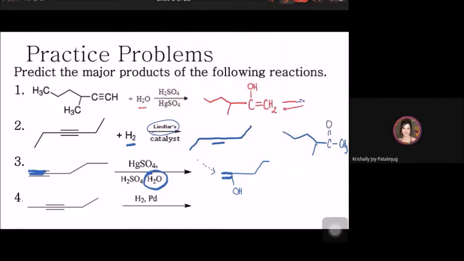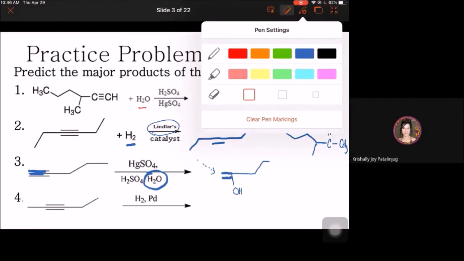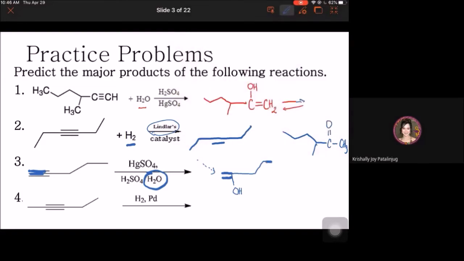So for its ketone product, you'll have this 1, 2, 3, 4, 5.